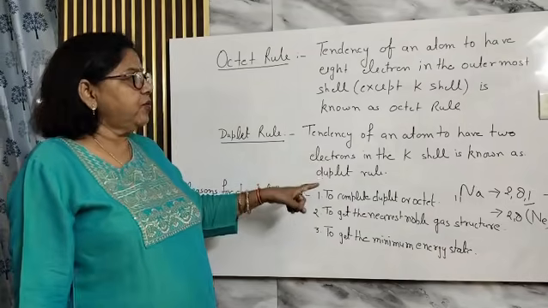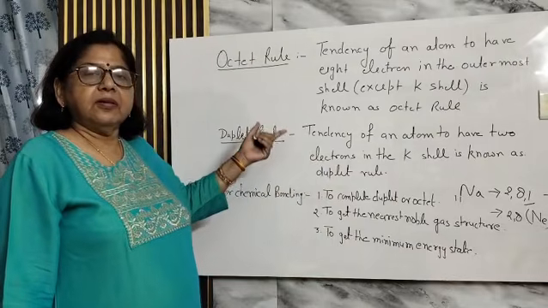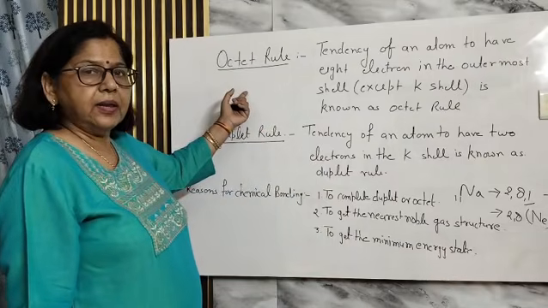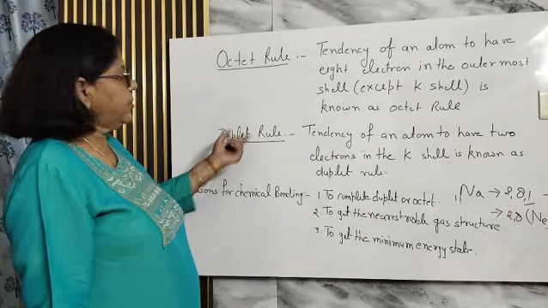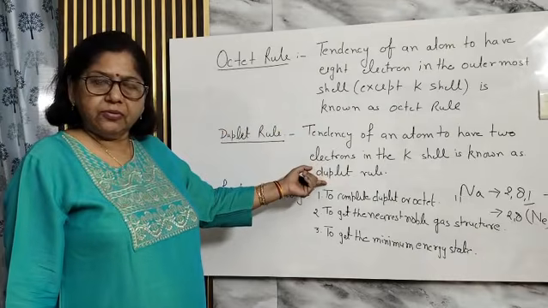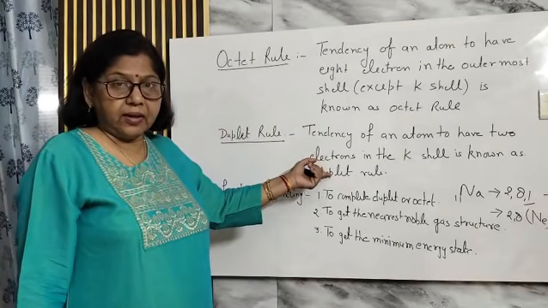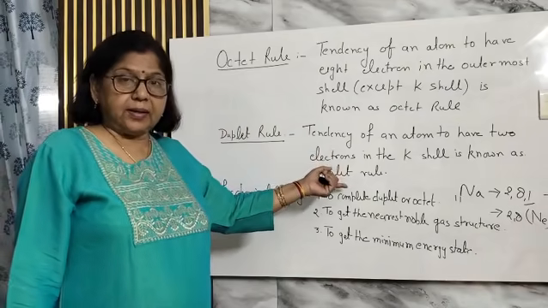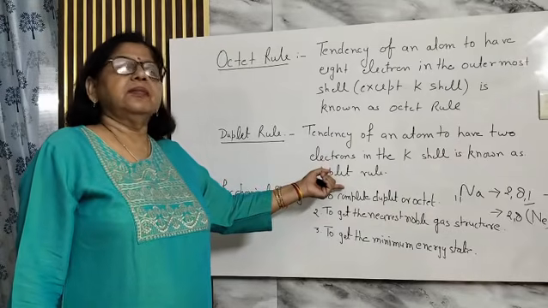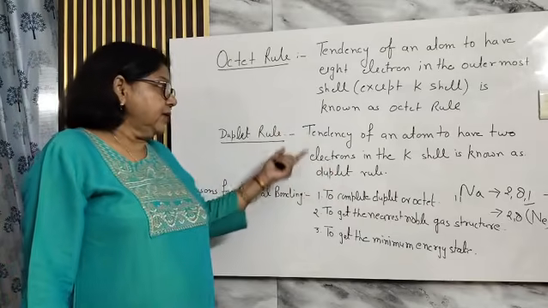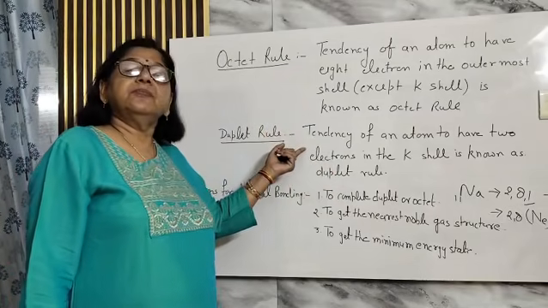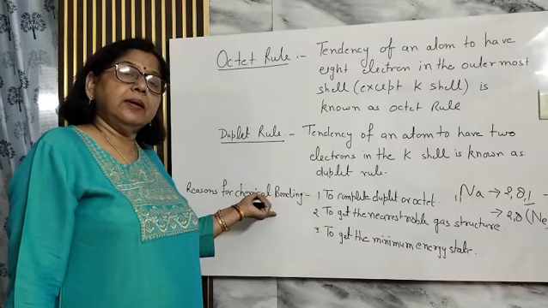So children, I hope you have understood these concepts. What is the octet rule? Having 8 electrons in the outermost shell. What is the duplet rule? Having 2 electrons in the outermost shell if the shell is a K shell. And how are these two concepts responsible for chemical bonding?